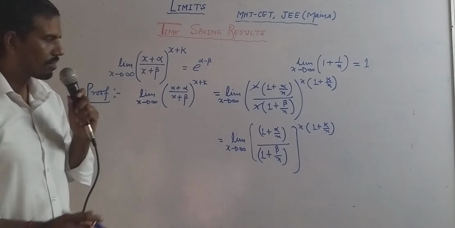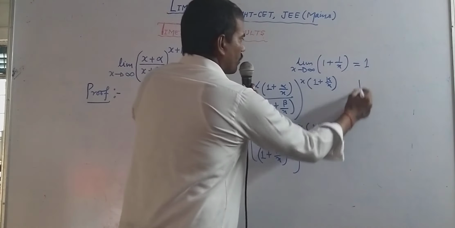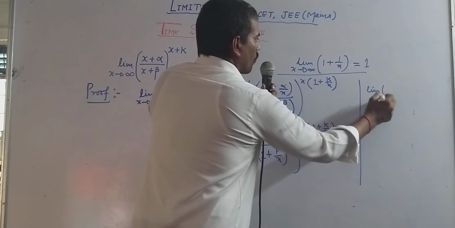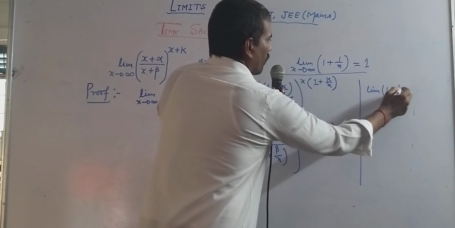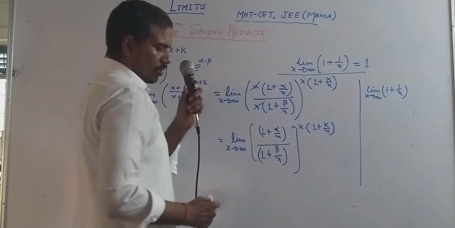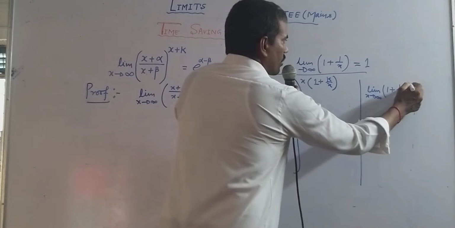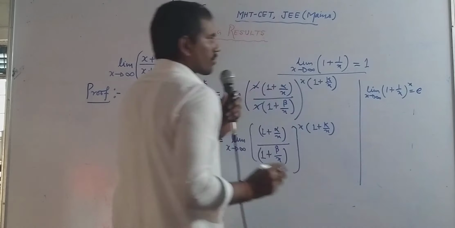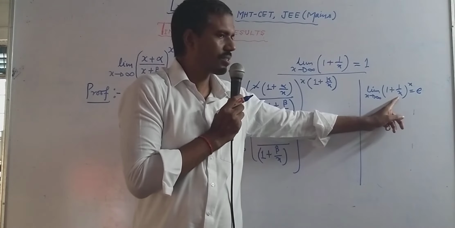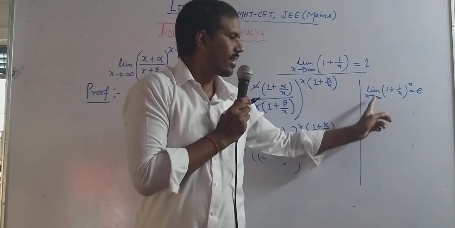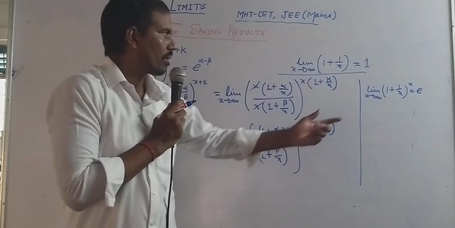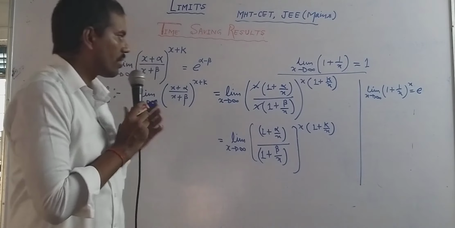Since we know that limit of (1 plus 1 upon x) to the power x as x tending towards infinity is equal to e, we have to apply this result here.